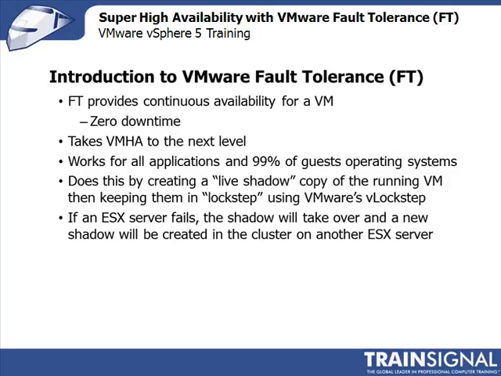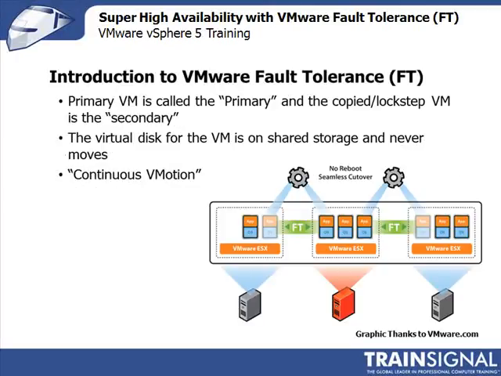It never changes because it's on shared storage that both ESXi servers have access to. With VMware Fault Tolerance, the primary virtual machine is called, you guessed it, the primary, and the copied or lockstep virtual machine is called the secondary. Again, the virtual machines stay in the same place on the same shared storage and never move.